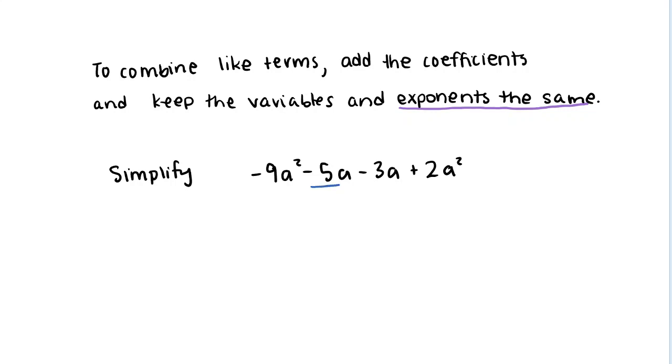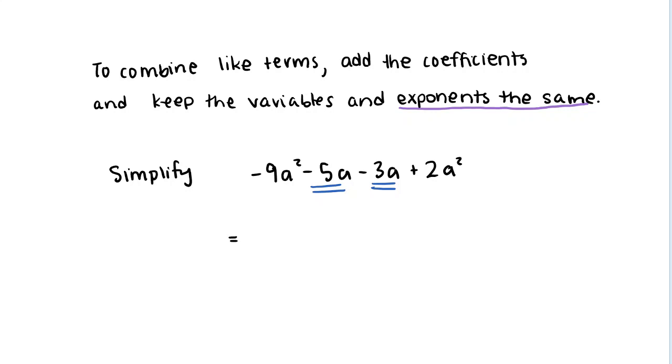So here we have two like terms that I see right away, this minus 5a and this minus 3a. And so how do we combine those like terms? Well, we just add the coefficients. In this case, for that first term, it's minus 5a or negative 5a, right? We attach that negative sign to that term. And then the next term has minus 3a, so we also attach that negative sign. And then to combine these two like terms, we add their coefficients.